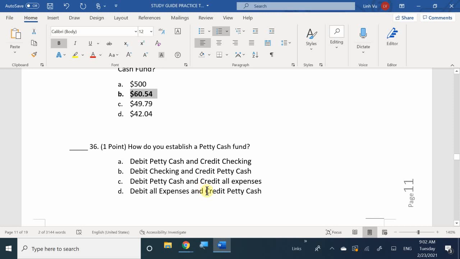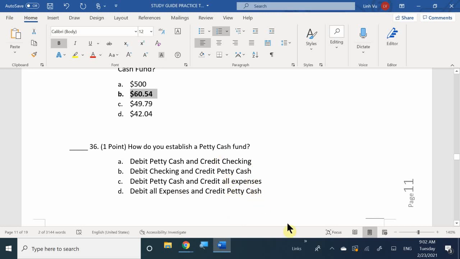So number 36, how do you establish a petty cash fund? A. Debit petty cash and credit checking. Okay, good. You don't ever debit your checking and credit your petty cash, and you don't debit your petty cash and credit all your expenses, and you don't debit all of your expenses and credit your petty cash.